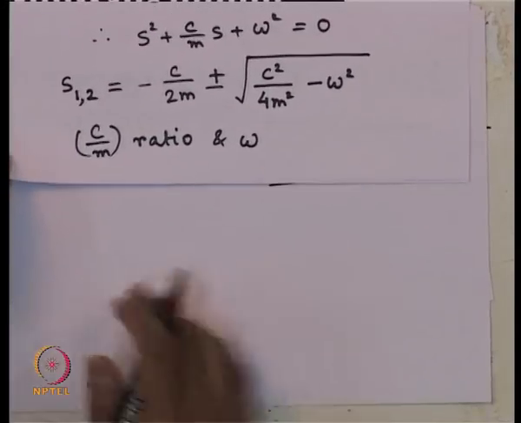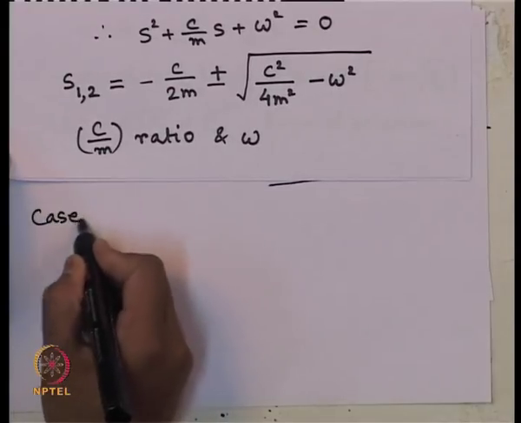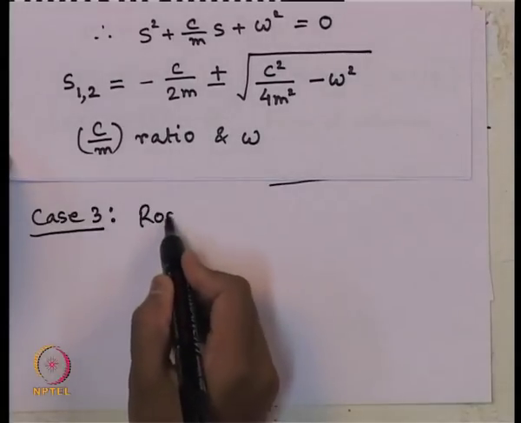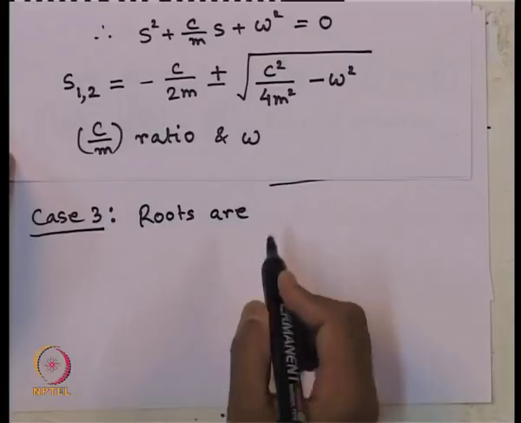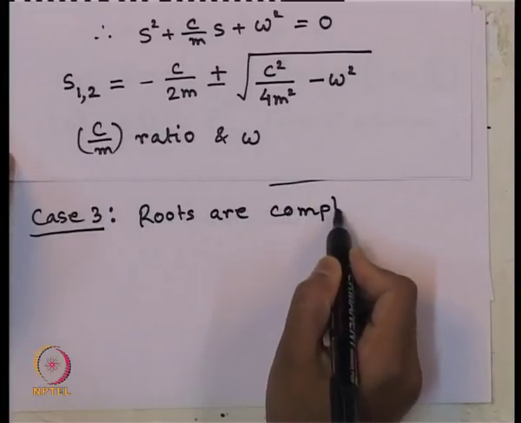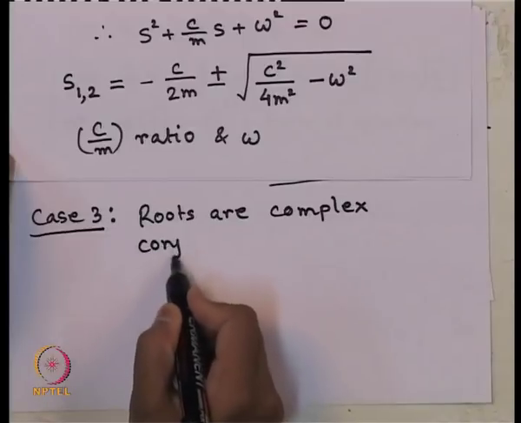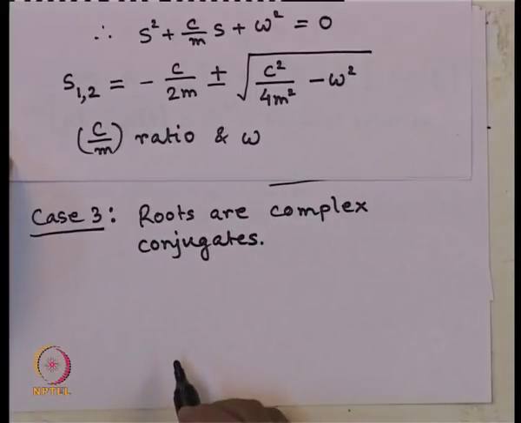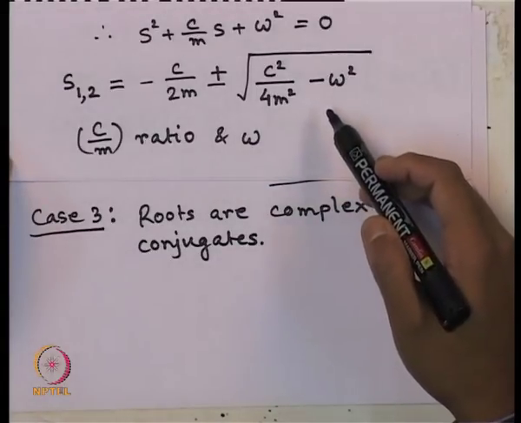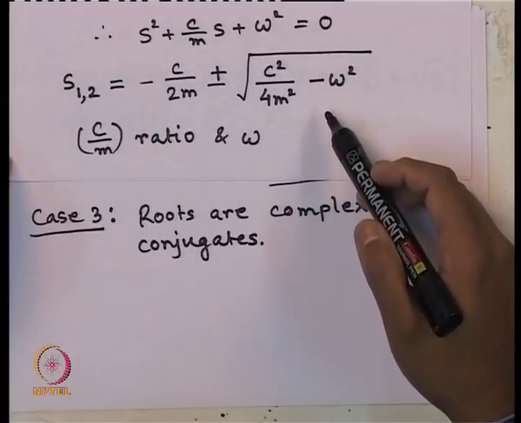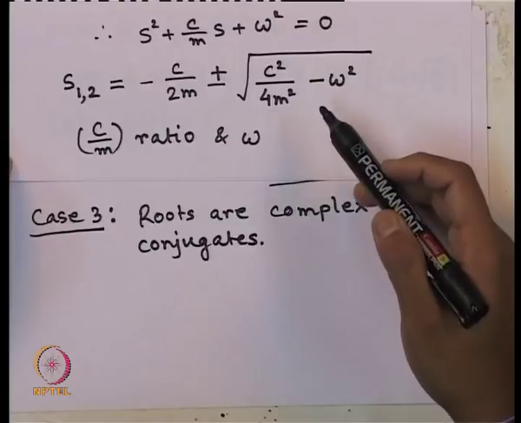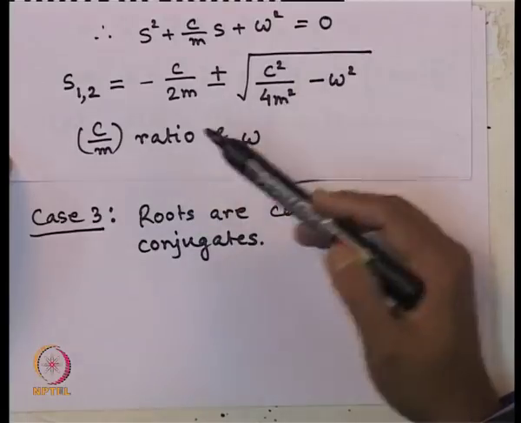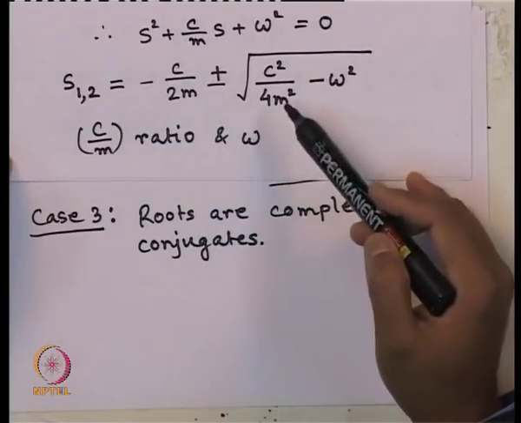Now, let us see what is the third case. Case 3 can be roots are complex conjugates. When it will occur? When this under root term is negative, then we will get a complex value solution, minus c by 2 m plus that complex number and the other root will be minus c by 2 m minus that complex number.